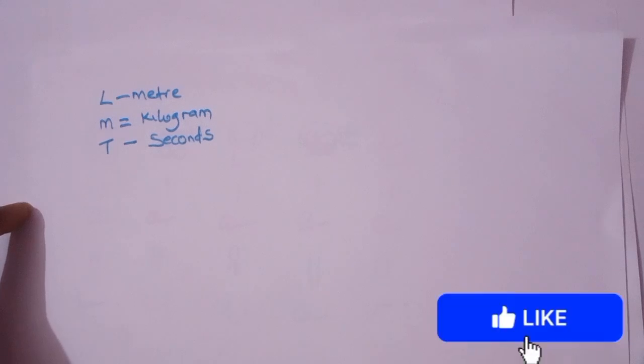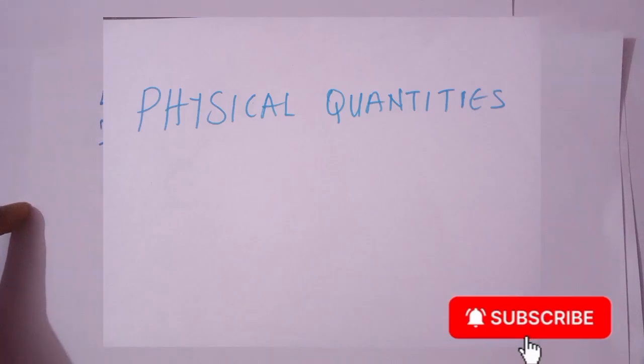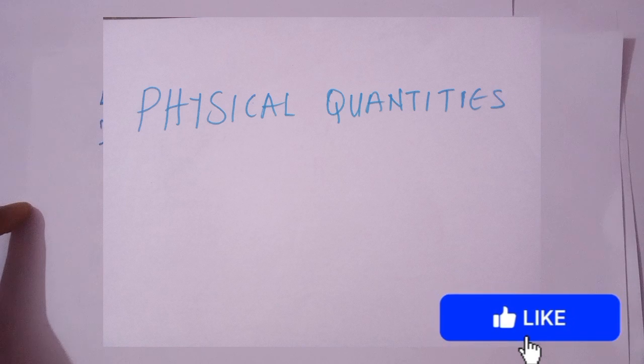So first, you will ask, what are physical quantities? Physical quantities is anything that can be measured and expressed with a number or a unit. That is the simplest way to define physical quantity.